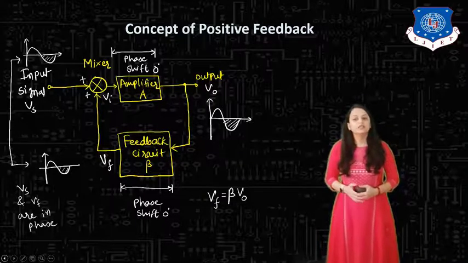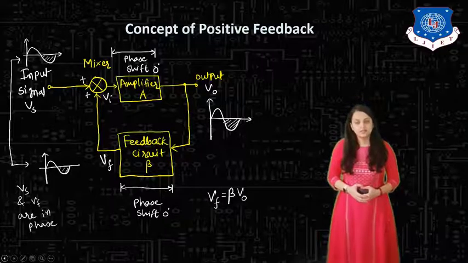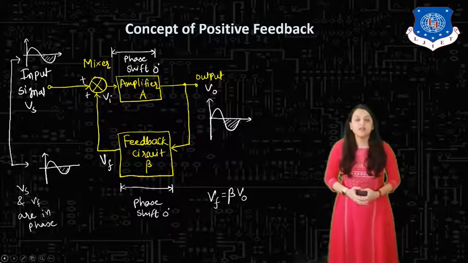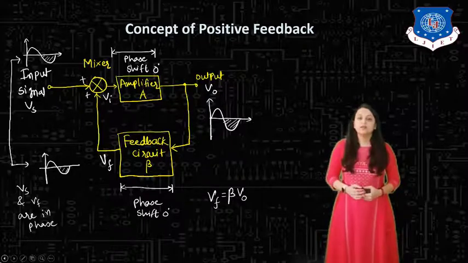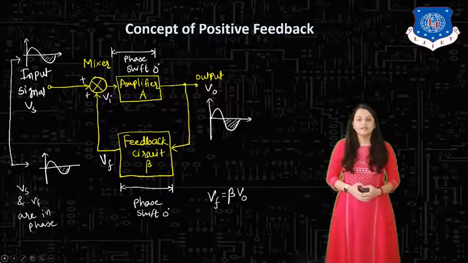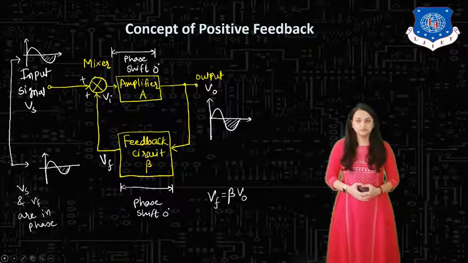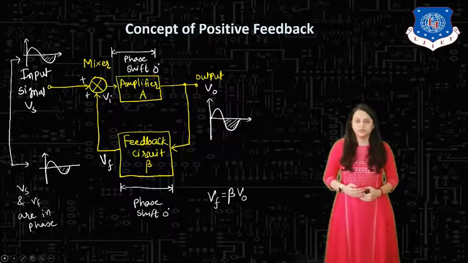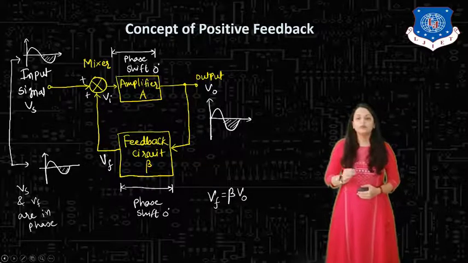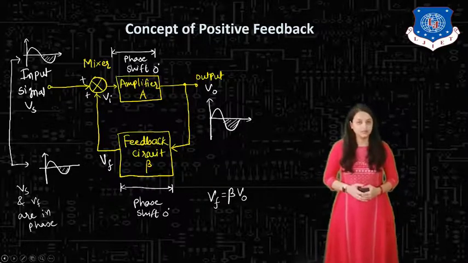If you look at the input signal Vs and feedback signal Vf, both are in phase with each other. That means they follow the positive feedback concept. So, Vs and Vf are in phase, and the phase shift introduced by the feedback network here is 0 degree.